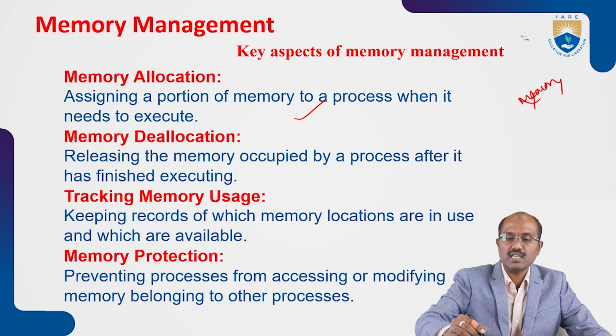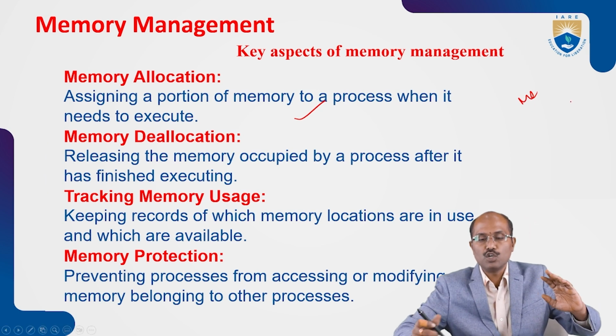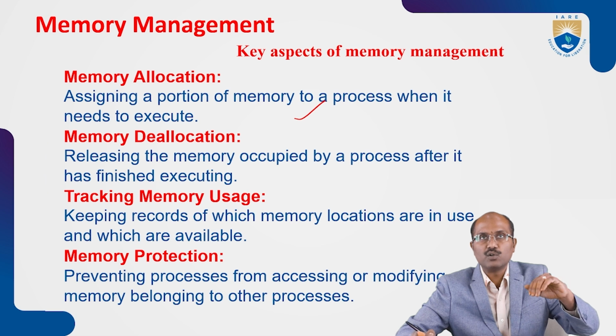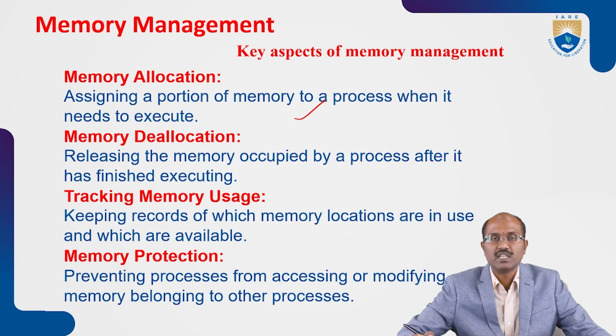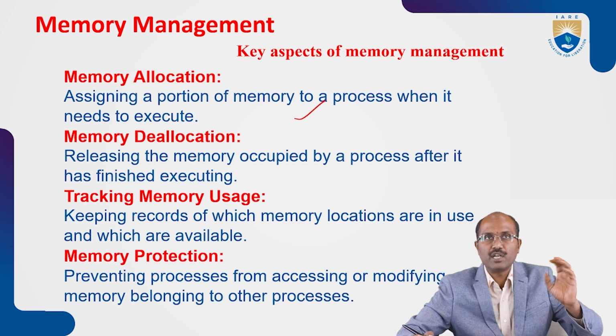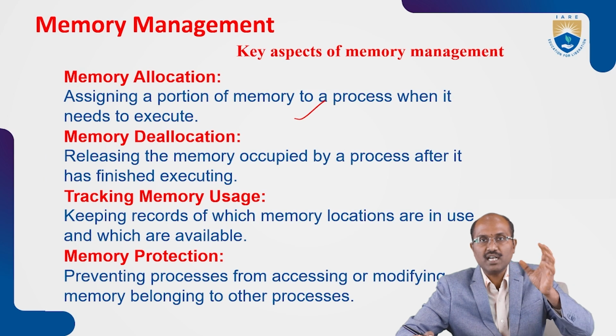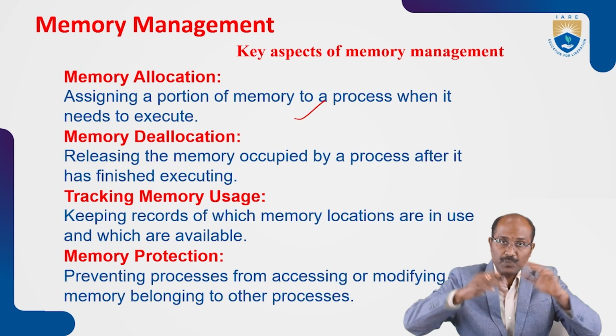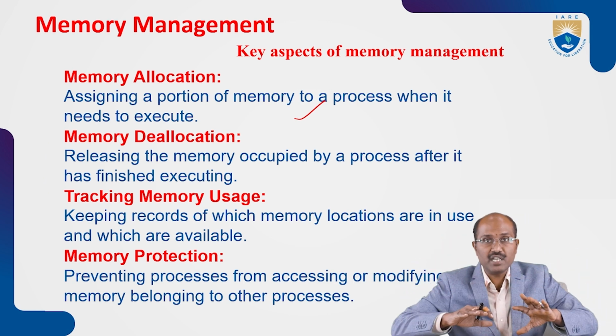Then, tracking of memory usage means keeping records of which memory locations are in use and which are available, and keeping track of all information, including where the process is currently executing, whether it has completed execution, or is in the middle of execution.